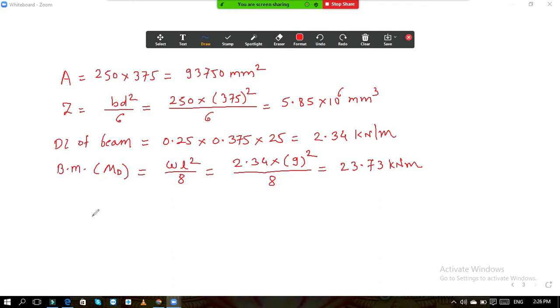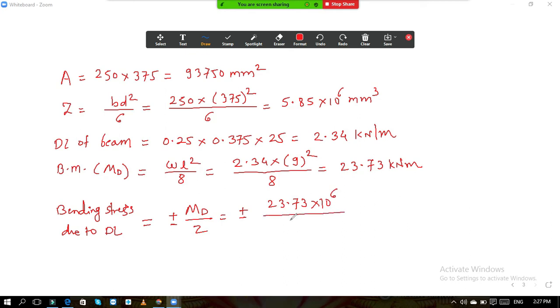Now we will calculate the bending stress due to dead load. This is equal to MD by Z, plus minus, which is equal to plus minus 23.73 into 10 raised to 6 divided by Z. What is the value of Z?